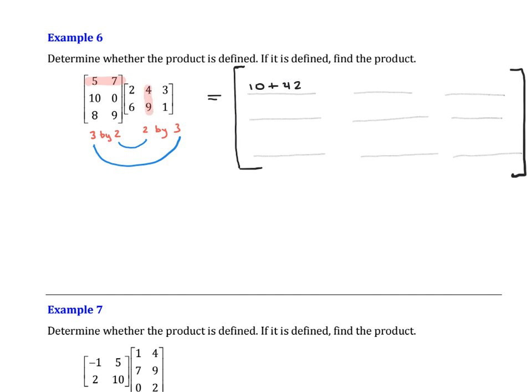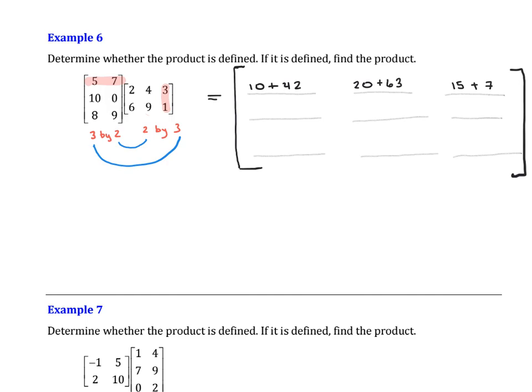So we will take 5 times 4 and 7 times 9. And now let's go ahead and find the first row, third column. So that will be 5 times 3 and 7 times 1.